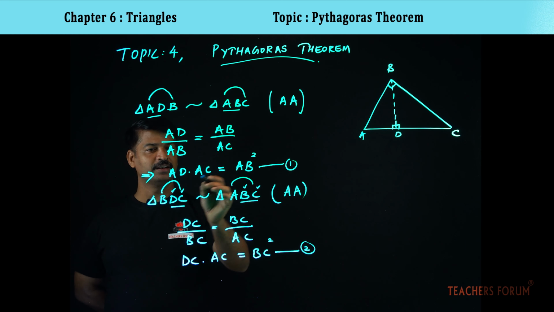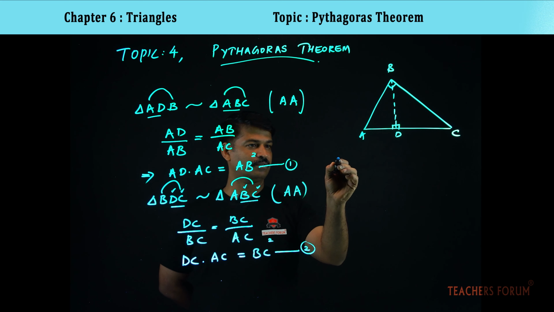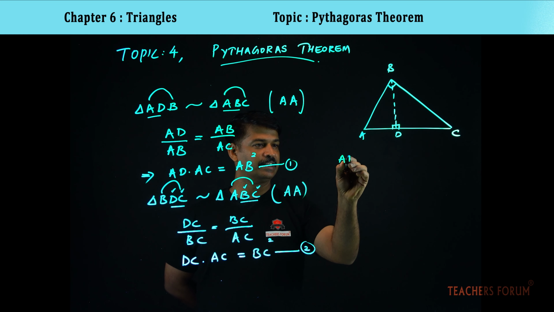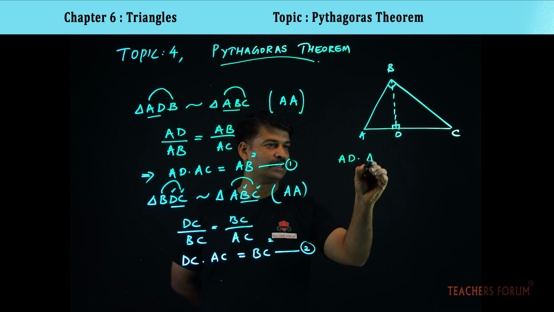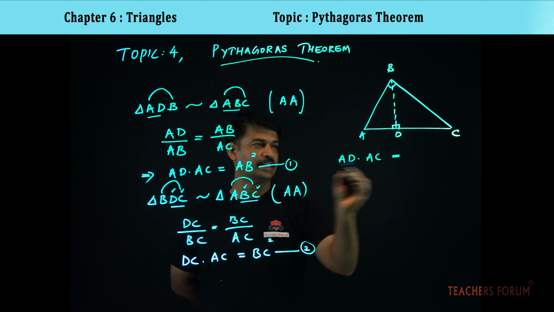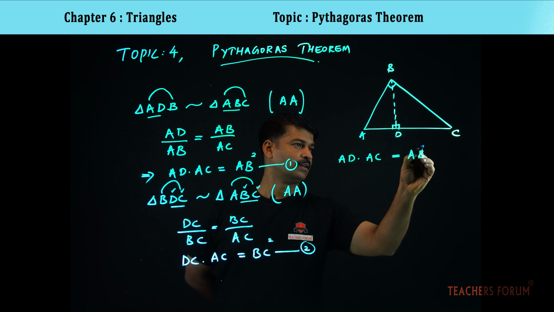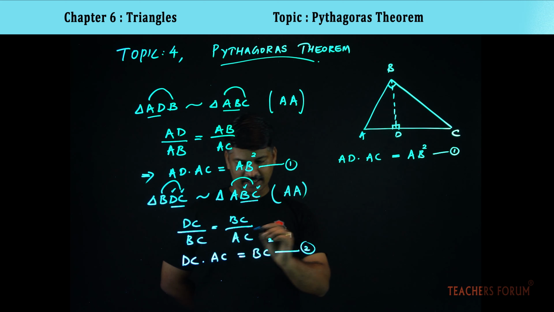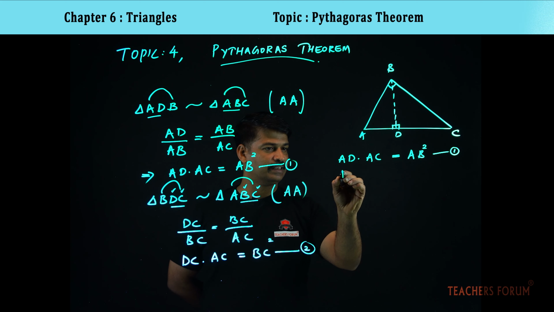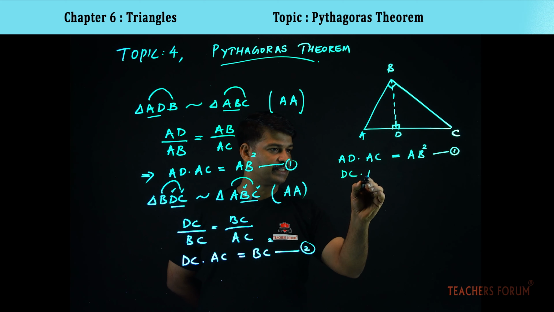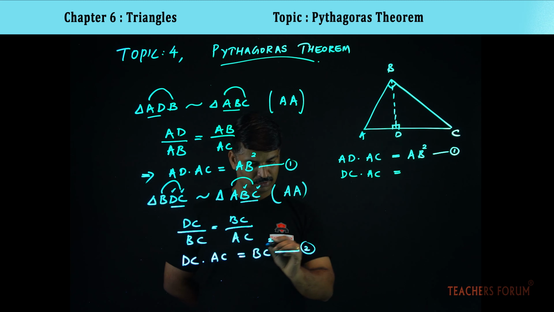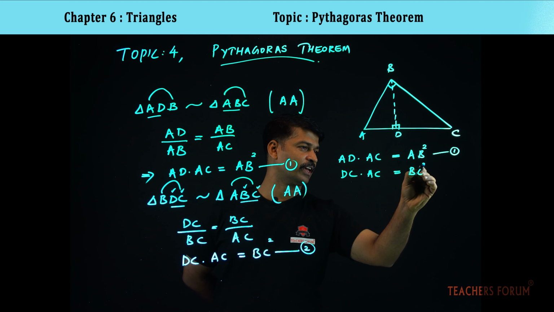So from the first triangle we have seen AD into AC is equal to AB square, equation number 1. From the second one, you got DC into AC is equal to BC square. That is the second one. Okay.